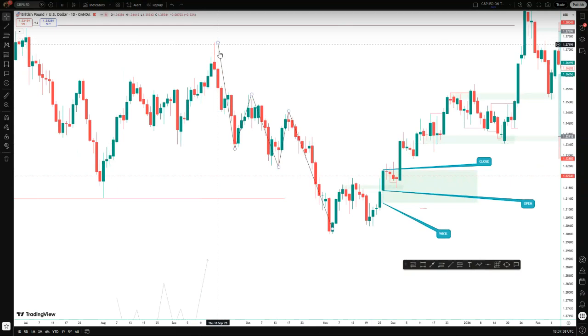Just draw it out. Tell me if it is a higher high, and then tell me if it is a lower high, also if it's a lower low, lower high, lower low, lower high, and a lower low.